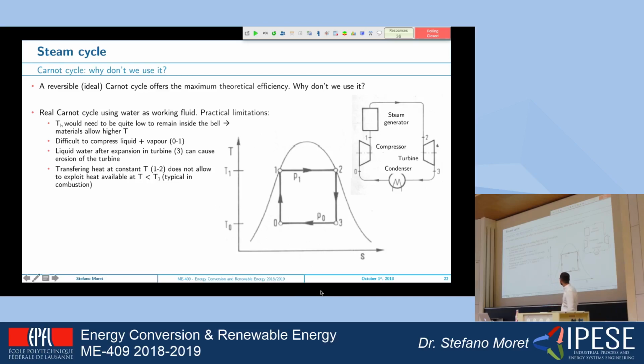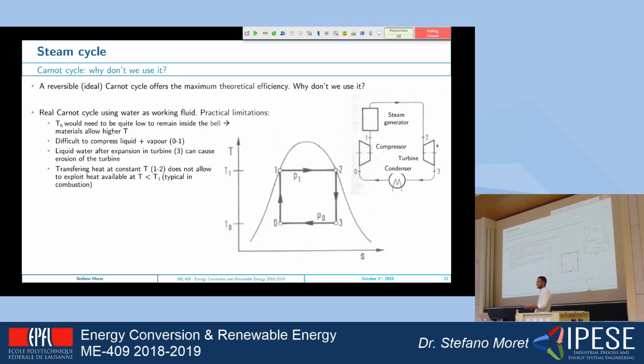The second one is that here, if you remember, we have a mixture between liquid and vapor. If we want to compress a mixture of liquid and vapor, it's a complicated process because a liquid is not compressed; its pressure is increased with a pump.